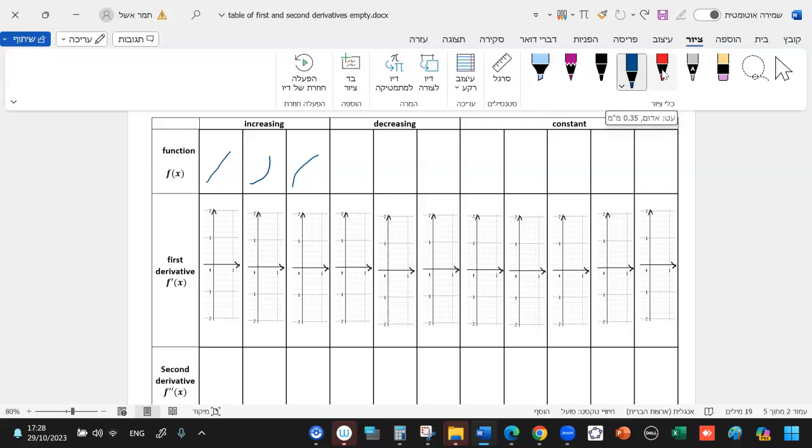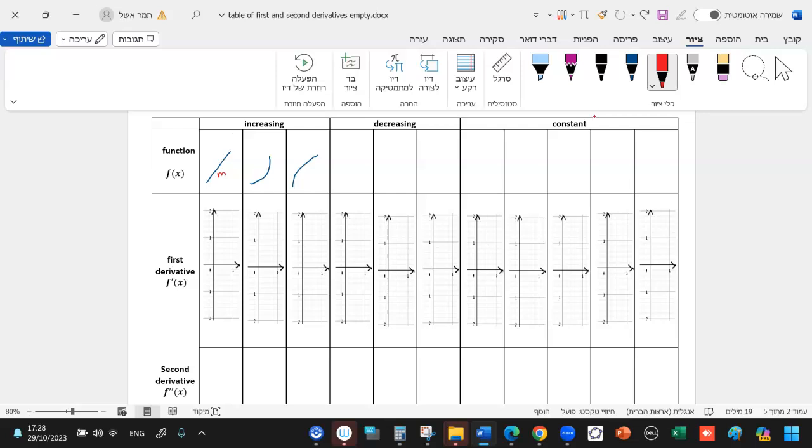What is the first derivative of this function? First of all, the function is increasing in all three types, so the first derivative will be positive. When the increase is linear, the gradient is constant all along this interval.